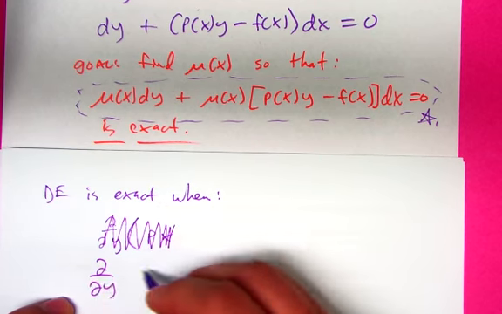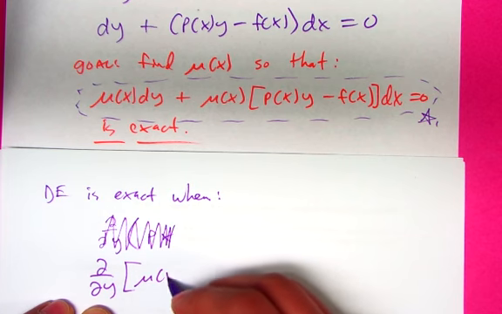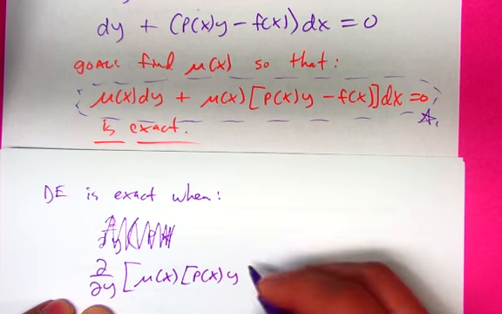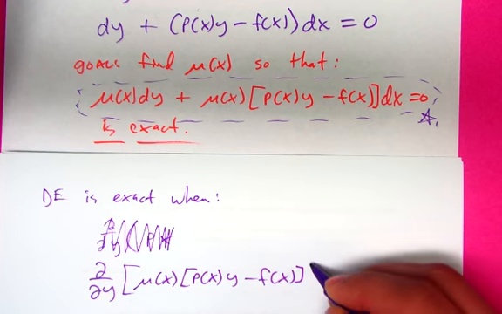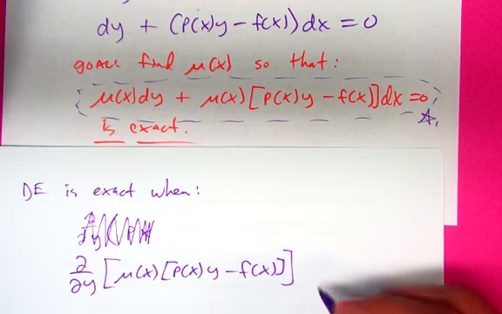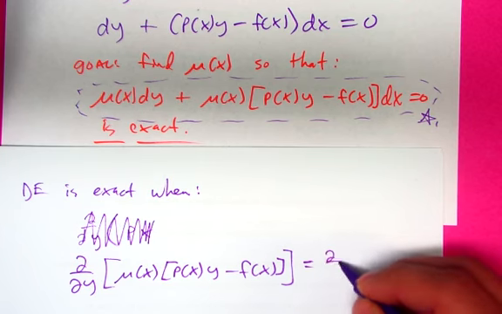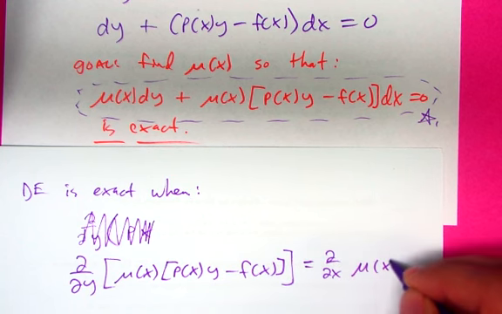Sorry. So we want to take the partial derivative with respect to y of the coefficient of dx. And we want to make sure that that equals the partial derivative with respect to x of mu of x.